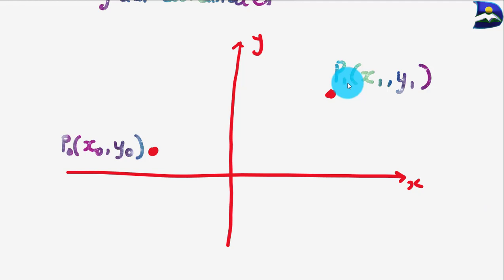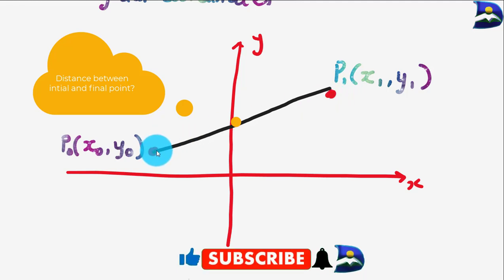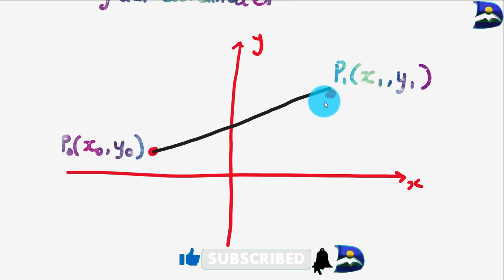And next up here is to connect these points together with a straight line touching one point to the other point. By doing this, we can now challenge ourselves by determining the distance from point naught, or the initial point, to the final point. To achieve that, we need to look at two pathways that lead us from the initial point to P final.